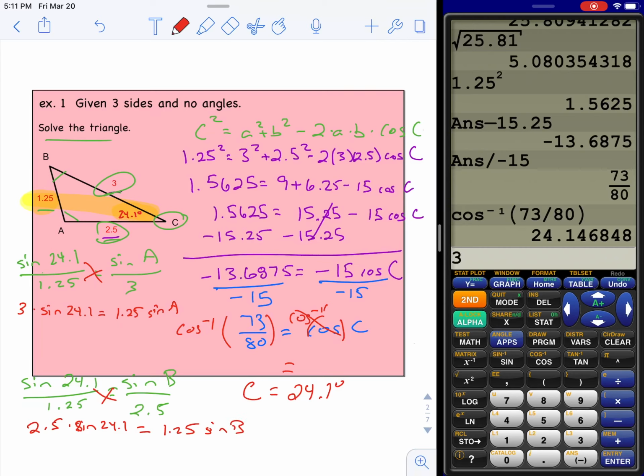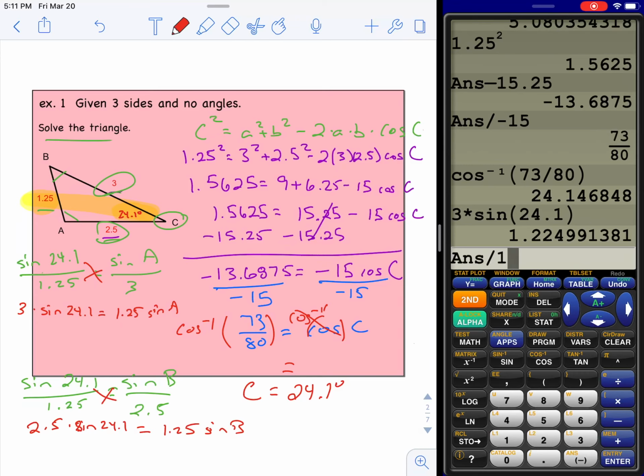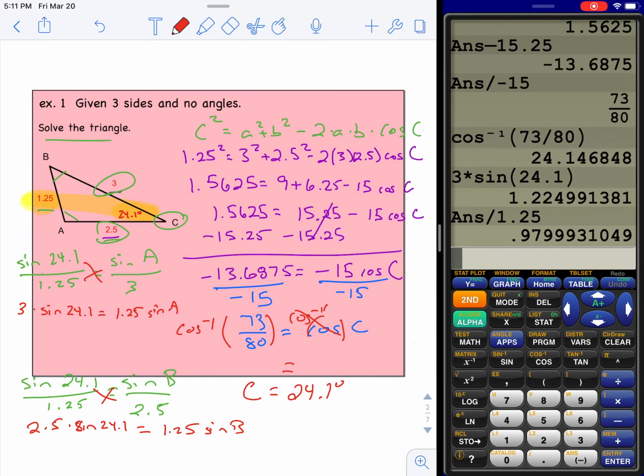All right. 3 times the sine of 24.1, and I know I'm going to divide that by 1.25. So I get the sine of A is equal to 0.97999.